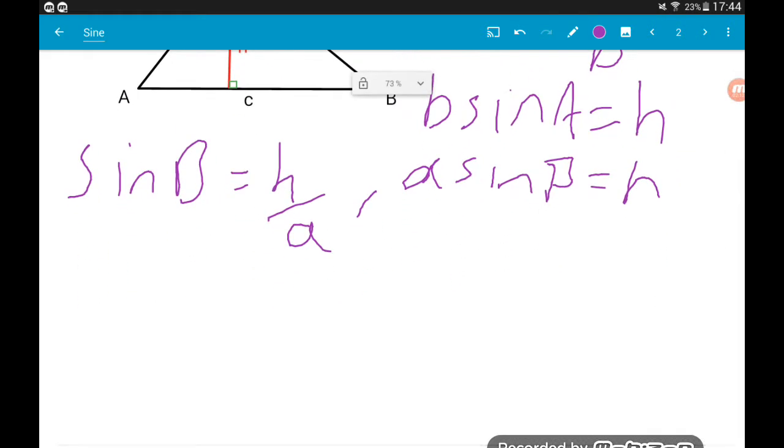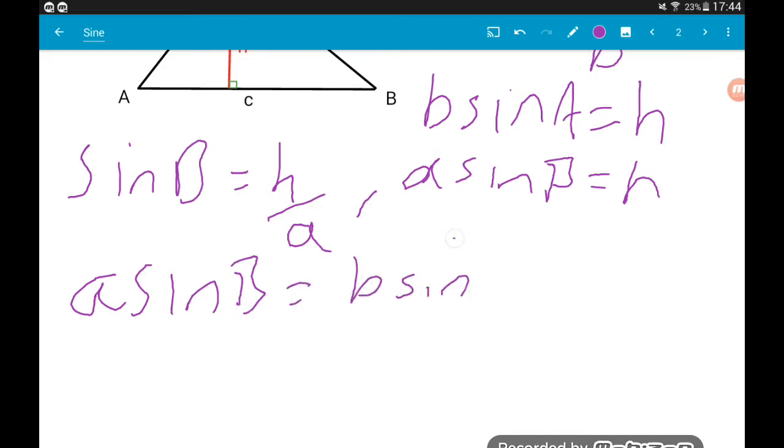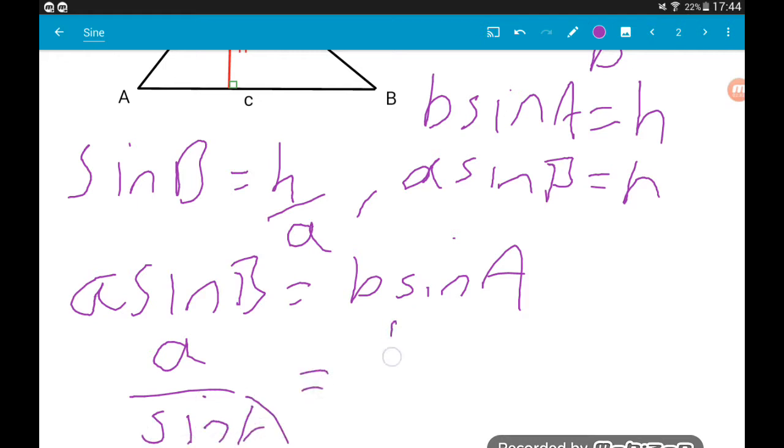So if we set A sine B equal to B sine A, all that we now need to do is either divide by the little case letters or divide by the sines. So I'm going to divide by the sines and get A over sine A is equal to B over sine B, as we were expecting.